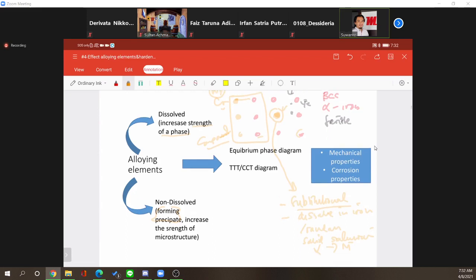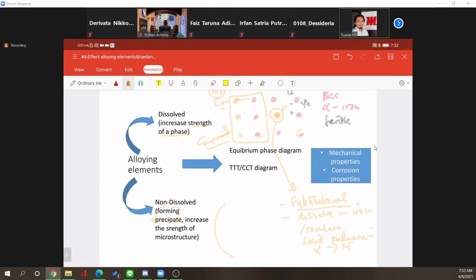Okay, so there are two scenarios here for alloying element. The first is dissolving into the phase, and the second is forming other compounds, which we sometimes call precipitate, because it forms between the main phase.